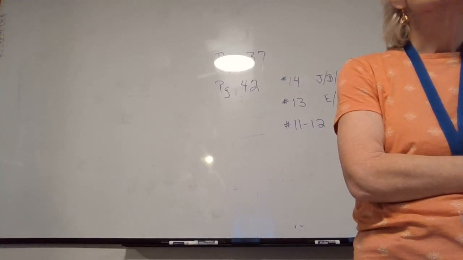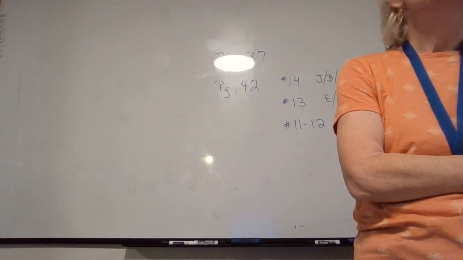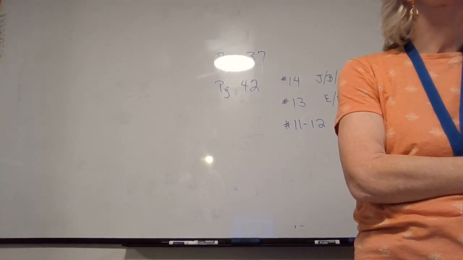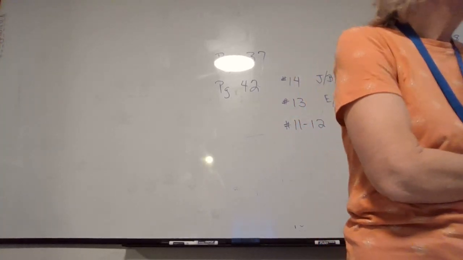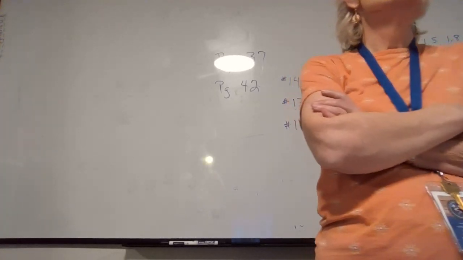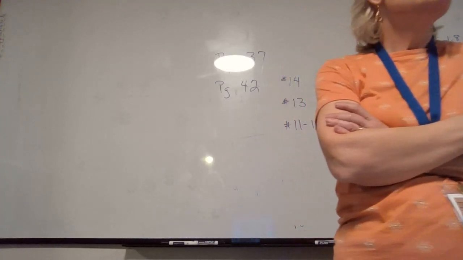Minus times 17 is 200 divided by 5. It's 200 divided by 5.